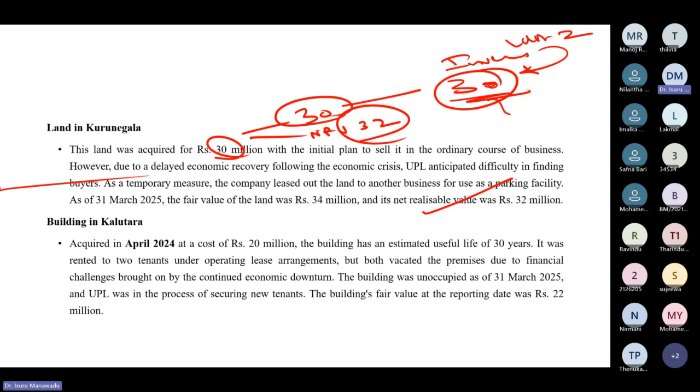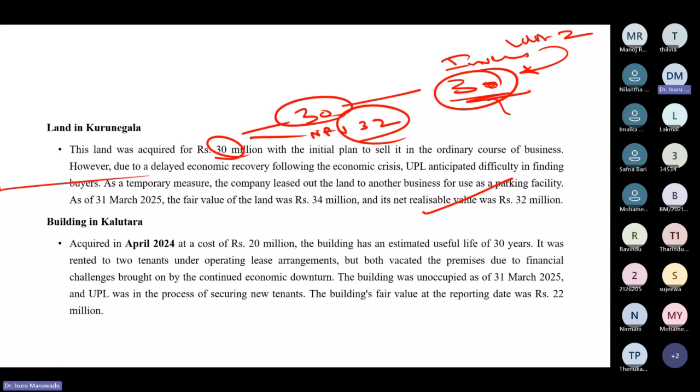The building was unoccupied as at 31st March 2025, and UPL was in the process of securing new tenants. The building's fair value at the reporting date was 22 million.